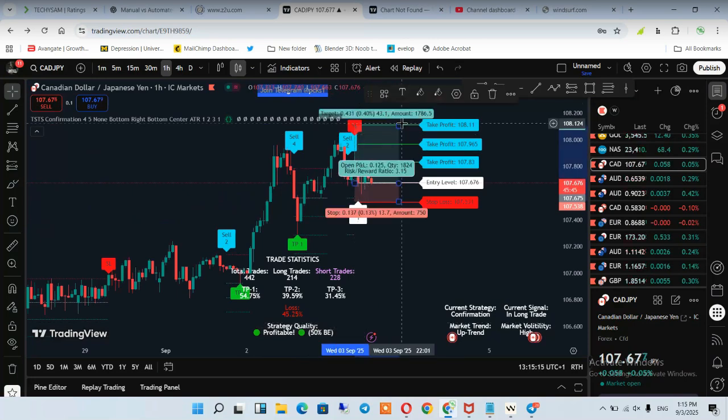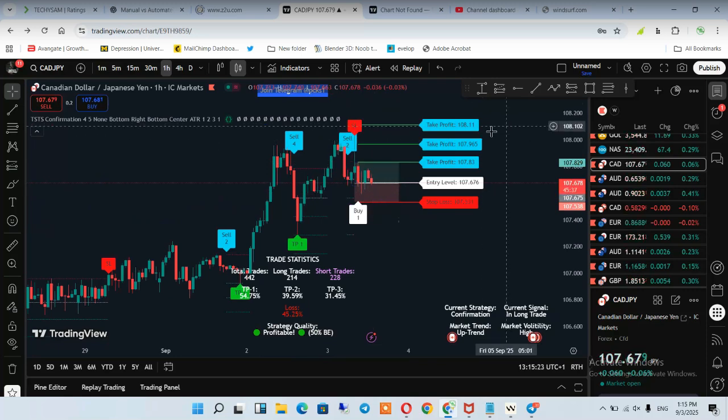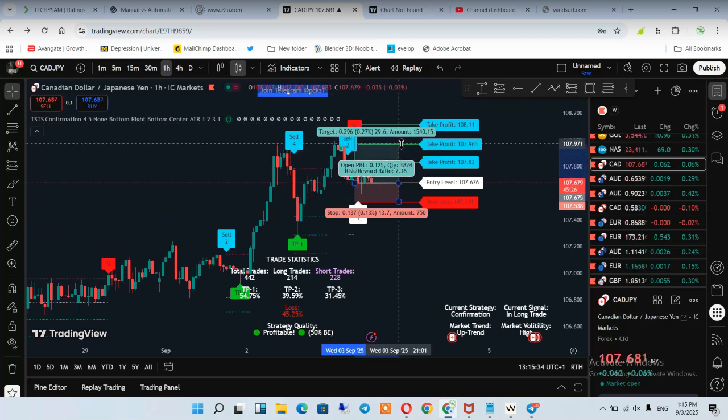If I hit TP1 here, I would have made 1 to 1 on my account. By the time I hit TP2, which most likely I will, I will have made 1 to 2 in risk reward, and TP3 is 1 to 3 in risk reward.